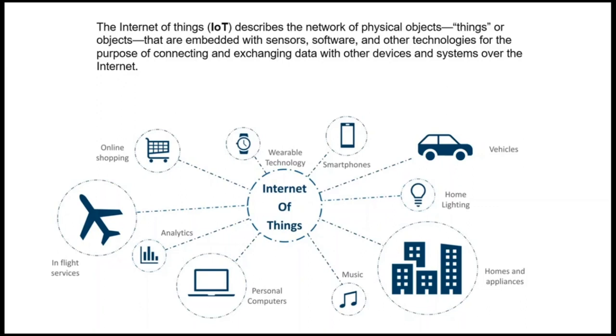Whenever there is a message on the mobile, you can see it on your smart watch. What is all this? All this is the Internet of Things, because there are certain physical objects that have sensors, software, and technology which help them to communicate with each other. So that is IoT, Internet of Things. It helps with wireless communication of different objects.